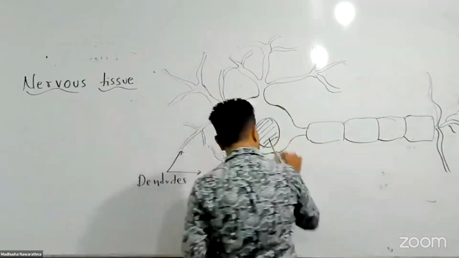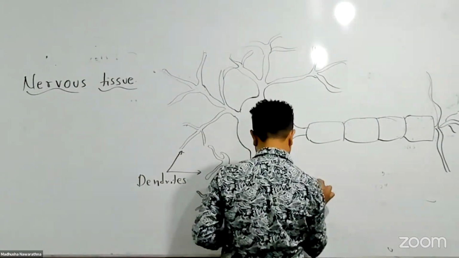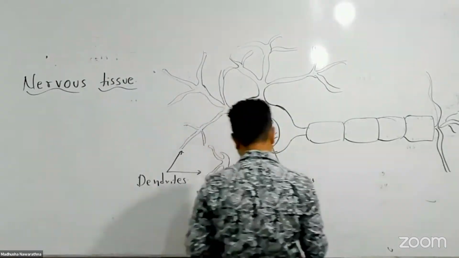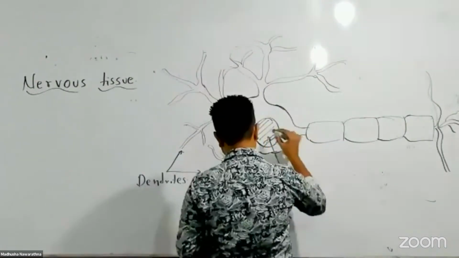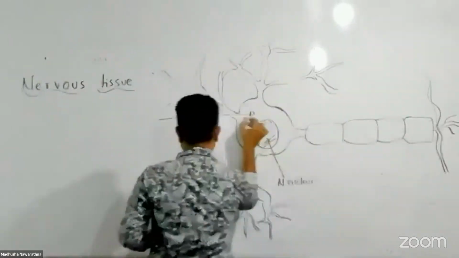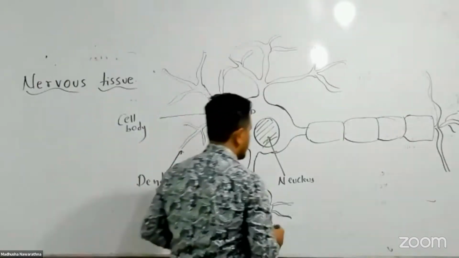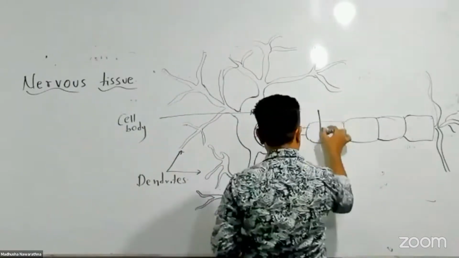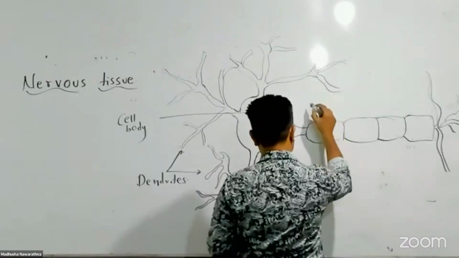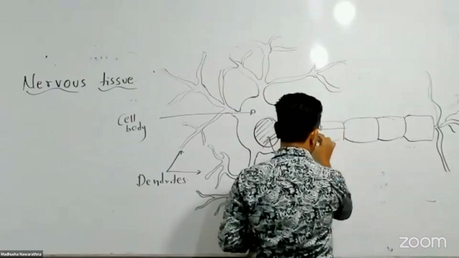And in the center we can see a nucleus. And then what we call the cell body, and here these segments, myelin sheaths, and then the axon.